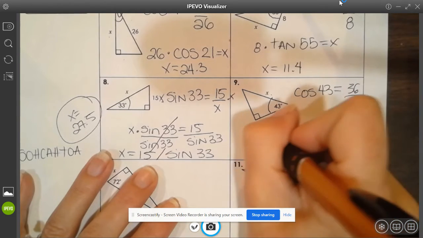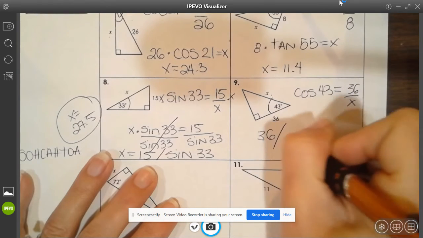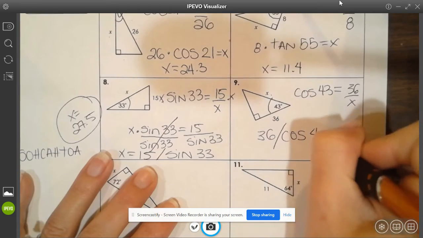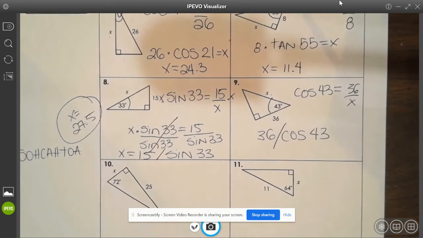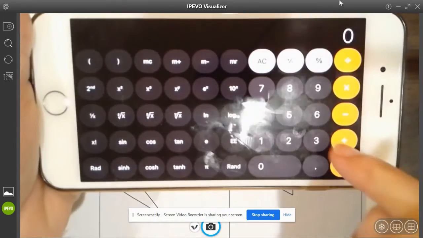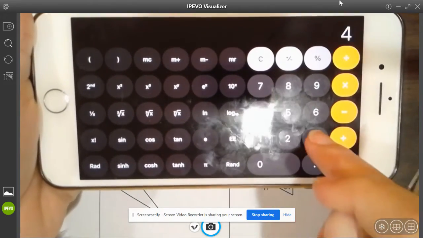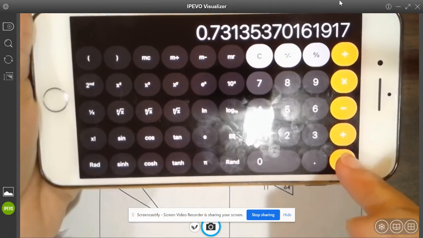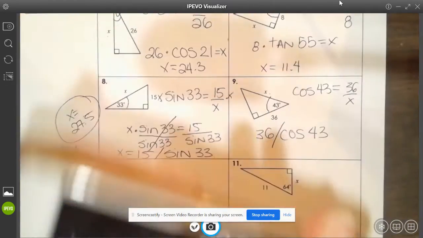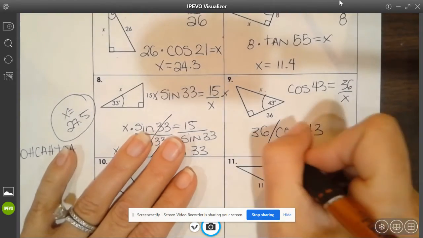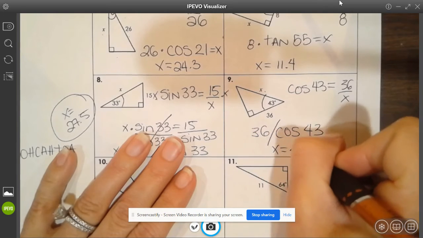So I'm going to be dividing 36 divided by cosine of 43. Let's do that in the calculator. I get 36 divided by 43 cosine. Press that equal sign, 49.2. So my x is 49.2.